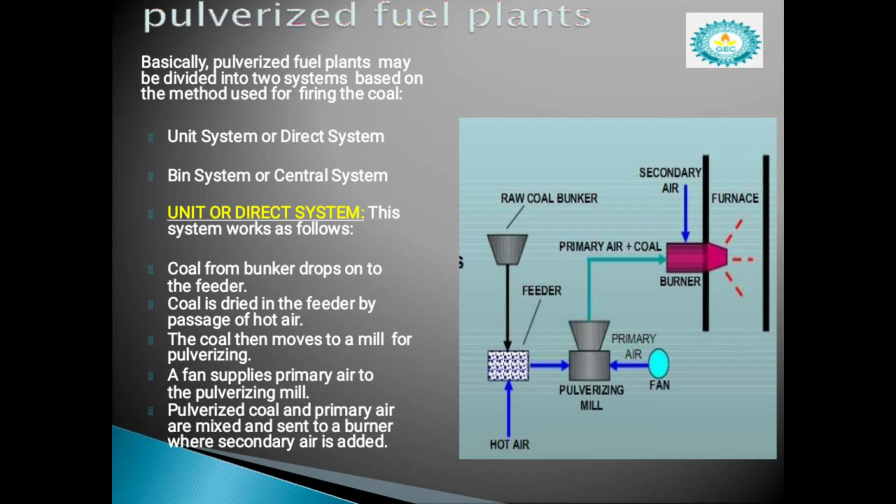The hot air or flue gases are passed through the feeder to dry the coal before feeding it to the pulverizer.